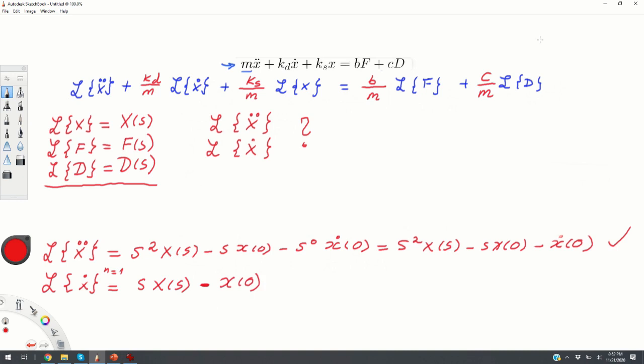Now, transfer functions of dynamical systems are defined for one particular case. They are defined for the case in which the initial conditions are equal to 0. So, to define a transfer function, we need to assume that x of 0 is equal to 0 and that x dot of 0 is equal to 0. So these terms in the final expressions disappear.